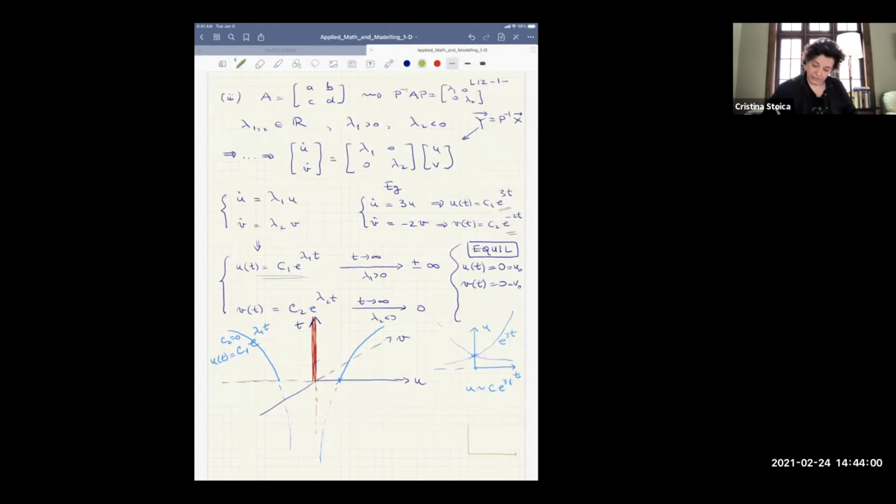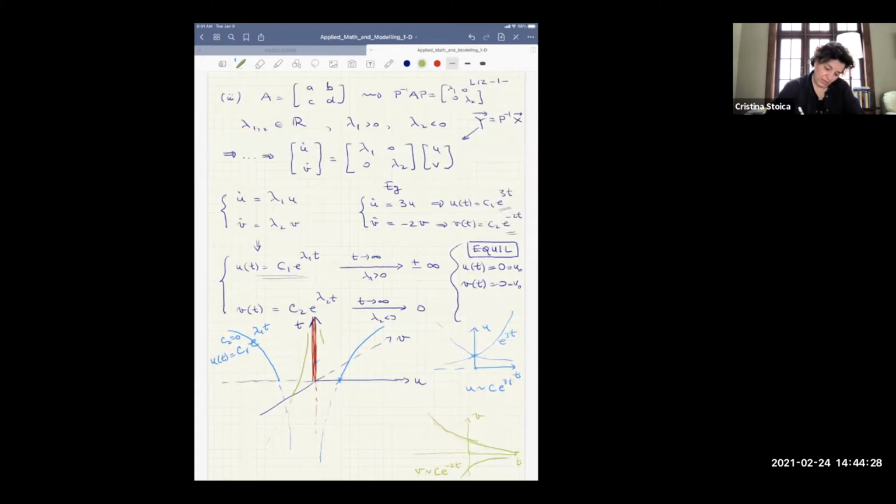Here is t and here is v. Separately, v is C e at minus 2t, so they would look something like this. They die as t goes to infinity. Drawn in this plane, they do exactly the backwards thing with respect to the other one.